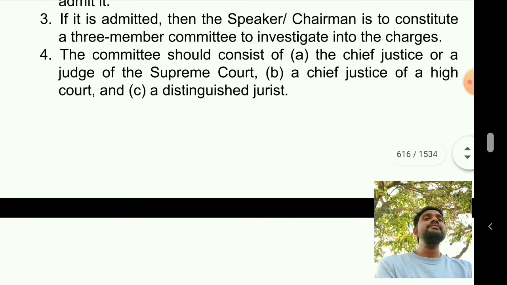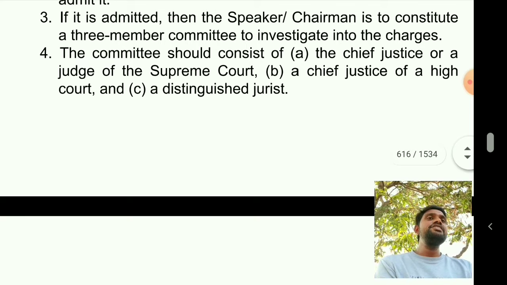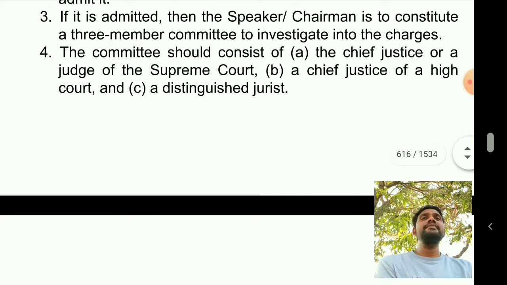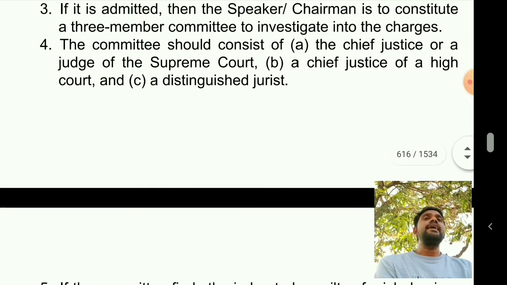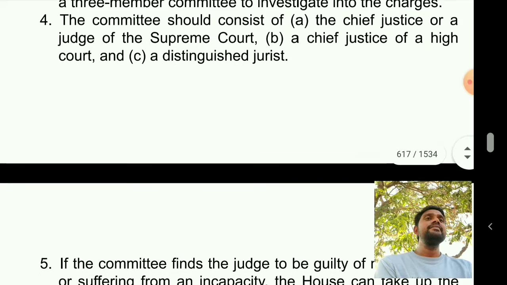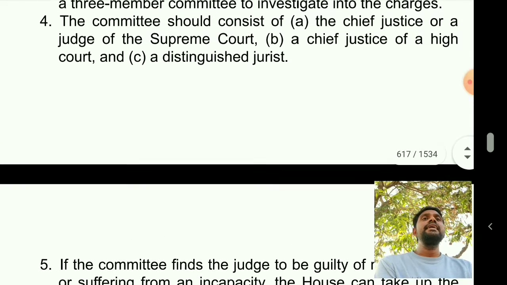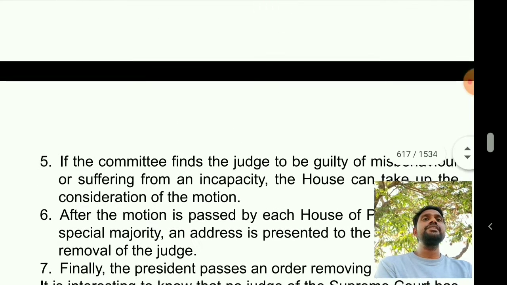Third is, if it is admitted, then the Speaker or Chairman is to constitute a 3-member committee to investigate into the charges. Fourth is, the committee should consist of A, the CJI or a judge of the Supreme Court, B, a Chief Justice of a High Court, and C, a distinguished jurist.